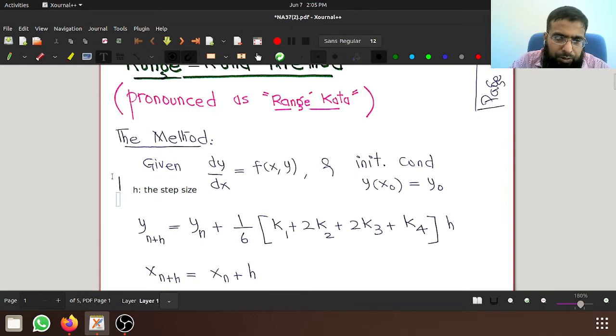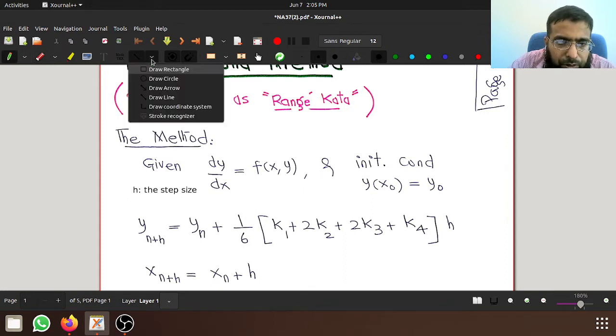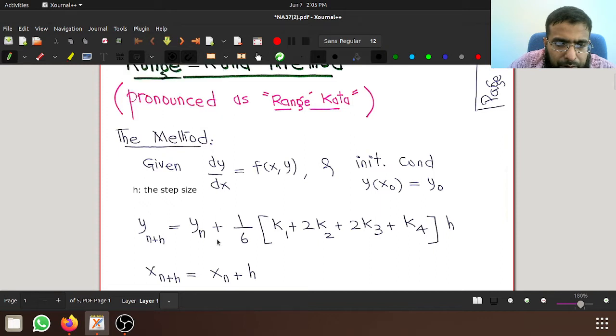So we take smaller steps until we reach the desired value of x. We keep on taking small steps until we reach the desired value.